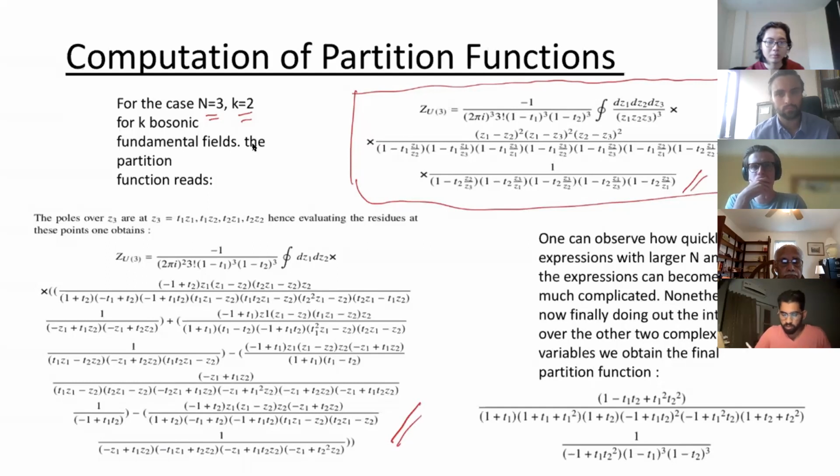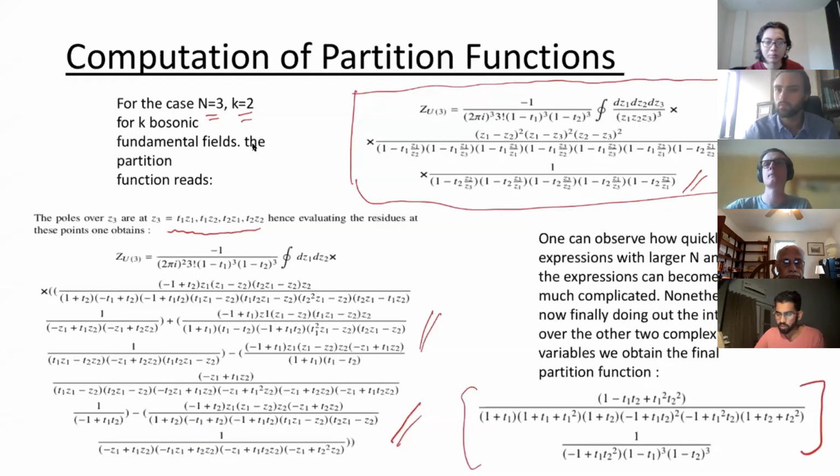So basically, just to briefly go through it, you have this particular expression, and we try to identify all the poles over the integral Z3, which are basically listed out over here, and then using the residue theorem, we obtain this expression. And then we similarly do the process for the integrals over Z2 and Z1, and eventually obtain this particular partition function.